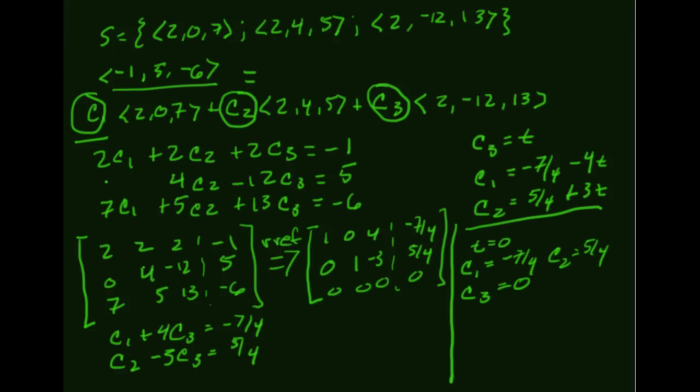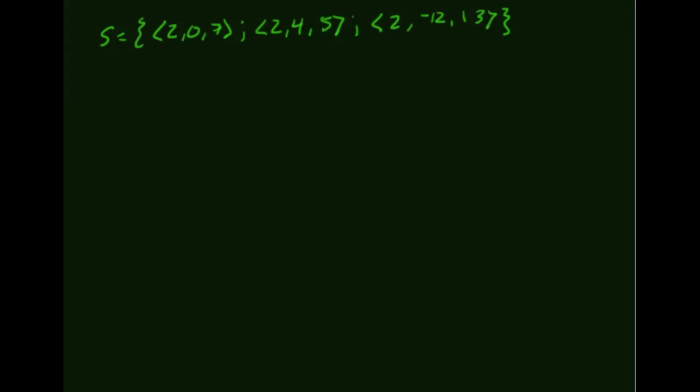So let's take a look at part B, which is a very similar problem with a slightly different outcome. In part B, we're trying to show that we can make a linear combination of these and get (1/3, 1/2). So by similar logic, I can build the same matrix: 2, 2, 2, 0, 4, negative 12, 7, 5, 13.